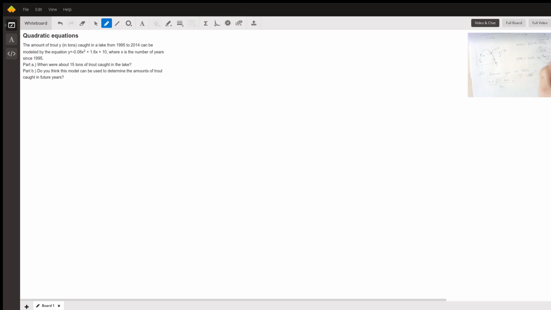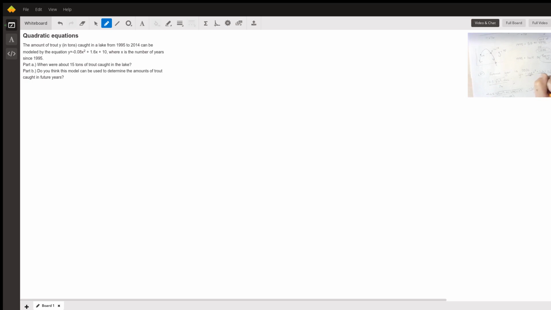A is negative, b is positive, c is positive for this one. So we get negative 1.6 plus or minus the square root of 1.6 squared minus 4 times negative 0.08 times 10, all over 2 times negative 0.08. We remember from the last problem that 2 times negative 0.08 is negative 0.16.